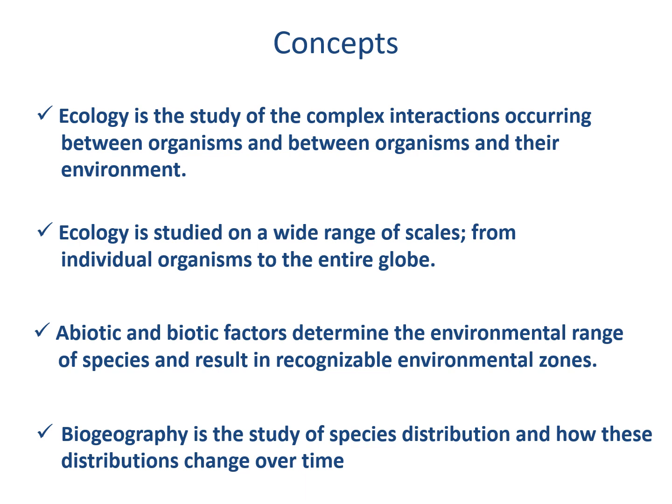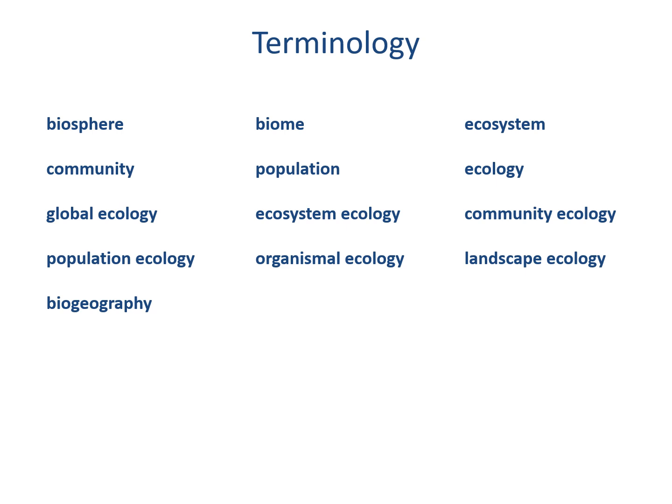I haven't used this term yet, but biogeography is the study of species distribution. So literally, we're looking at life as it relates to geography. And we also study how these distributions change over time. If climate changes, for instance, the range of a species can change. Lastly, here's some terminology.